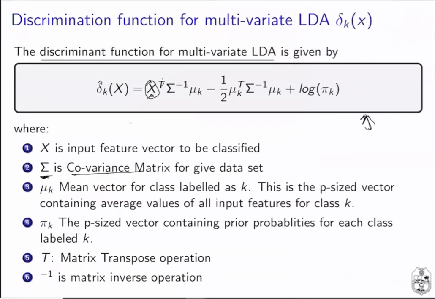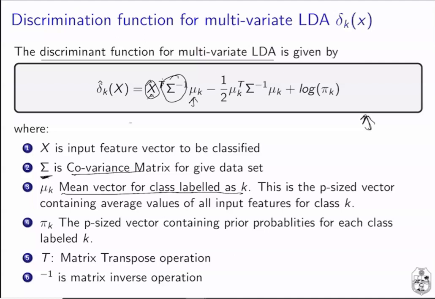Take the inverse of the covariance matrix. Mu k, like in the previous linear discriminant, mu k stands for the mean vector for the class labeled as k. It means you need to group the given data set on a per class basis. We have seen one example of how to calculate the mu k in the previous example.